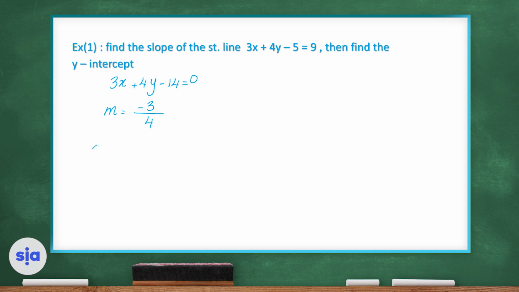So here, when we replace x by 0, 3 times 0 plus 4y minus 14 is equal to 0. Then 4y is equal to 14. For sure, y now is equal to 3.5. Then the y-intercept is 3.5. This is the y-intercept.